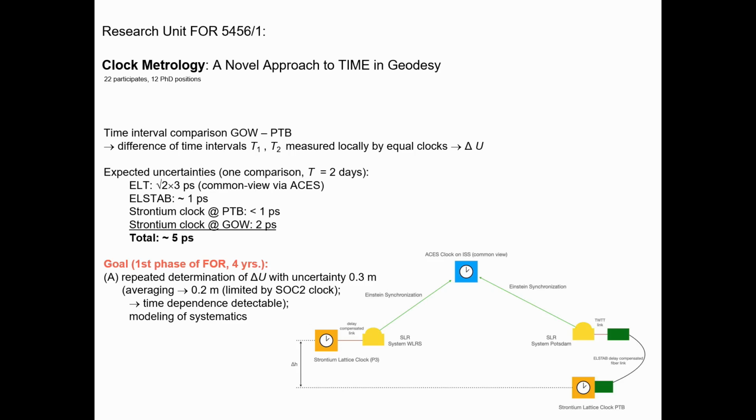Within this optical time transfer over ACES, we would like to reach in total 5 picosecond uncertainty for optical time transfer, which we will use for demonstration of height level definition with uncertainty at the level of 0.3 meters, and with future work to improve the clock ties.